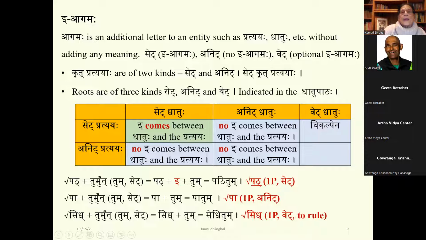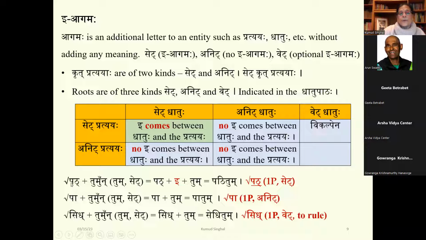Now the dhatus are of three kinds: set, anit, and vet. Set simply means that this dhatu can have an e agama. Anit means no e agama. And vet means it is optional. And krit pratyayas are of two kinds: set and anit. And if both the dhatu and the suffix are set, then the e comes between the dhatu and the suffix.